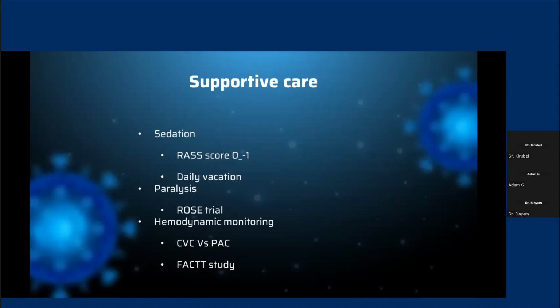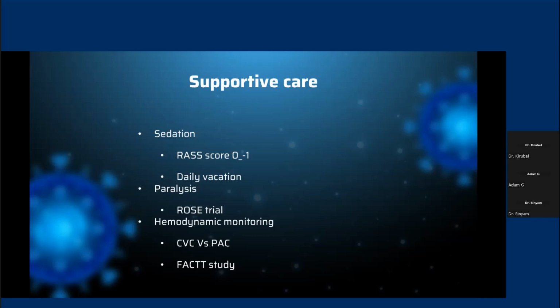Coming to the supportive care, sedation is one of them. As we discussed, the patient will be in pain and anxious, so they will be irritable, and they should be sedated well. The target is a RASS score of 0 to 1. The patient will be calm, sleeping, and that would be the perfect level of sedation.